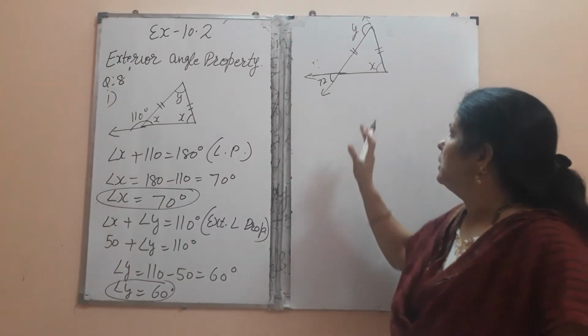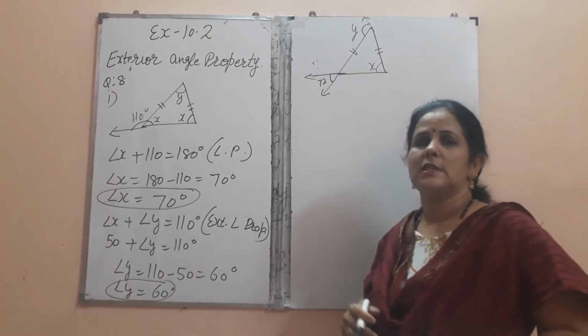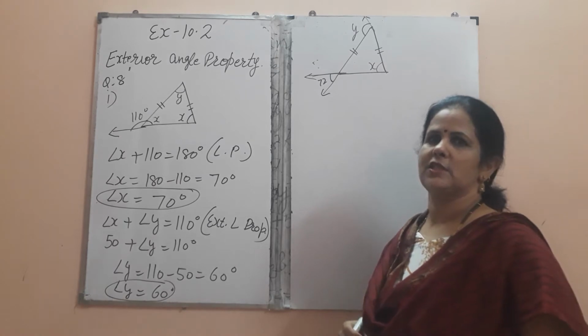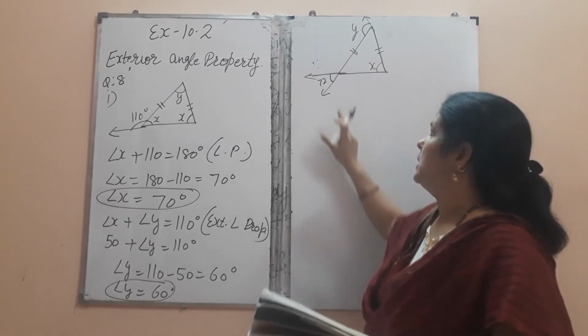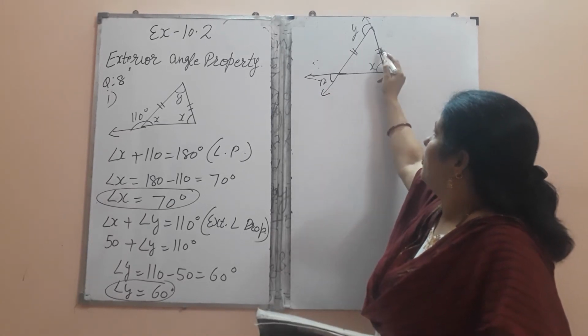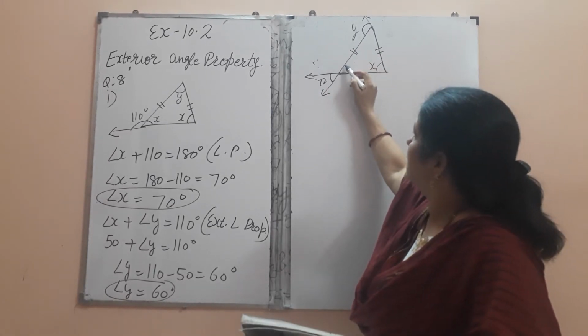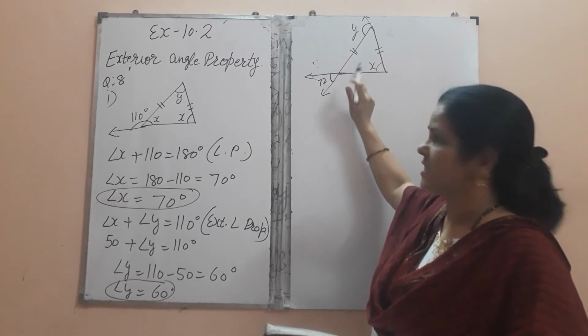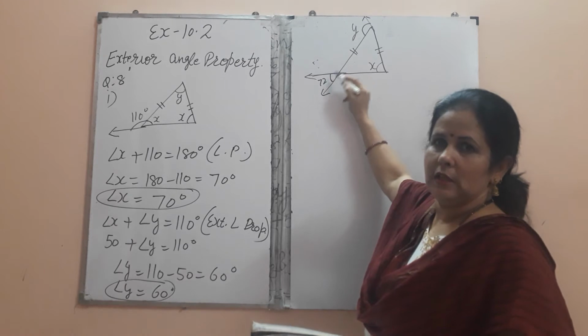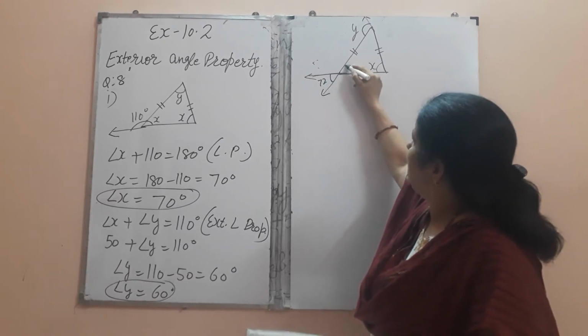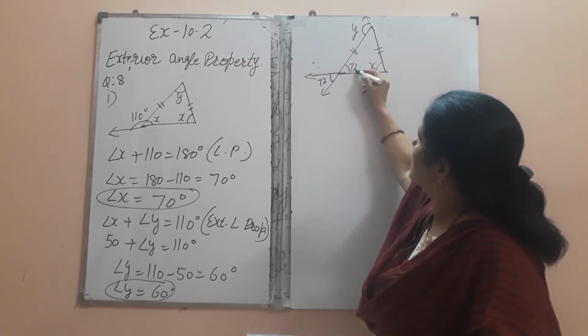Understood? So you can see, children, whatever concepts we have learnt in the previous exercises of previous chapters, we are using in this. Here we will use the concept that angles opposite equal sides are equal, and vertically opposite angles also. So this 72 and this will also be 72°.